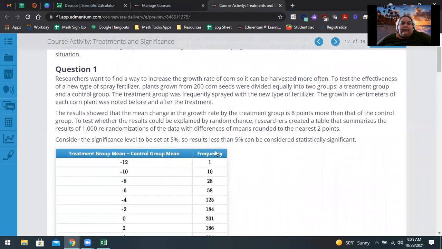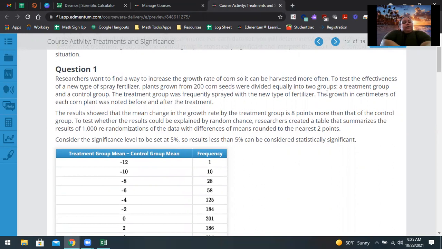So we're going to take a look at this one right here. It says, researchers want to find a way to increase the growth rate of corn so it can be harvested more often. To test the effectiveness of a new type of spray fertilizer, plants grown from 200 corn seeds were divided equally into 2 groups.